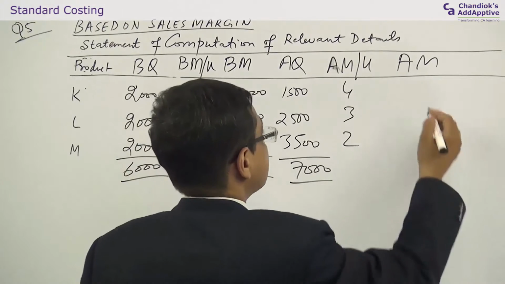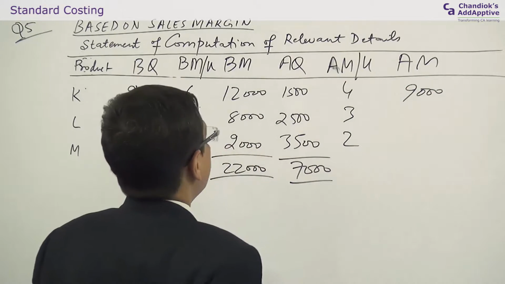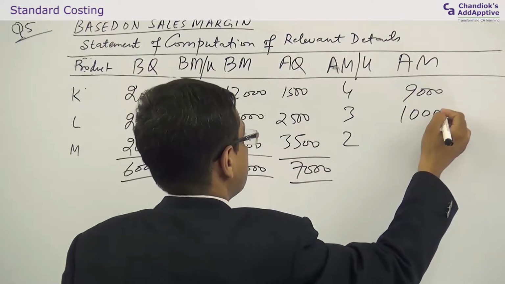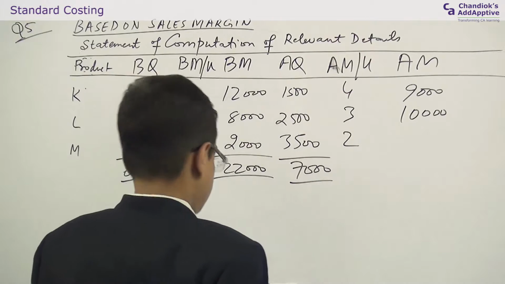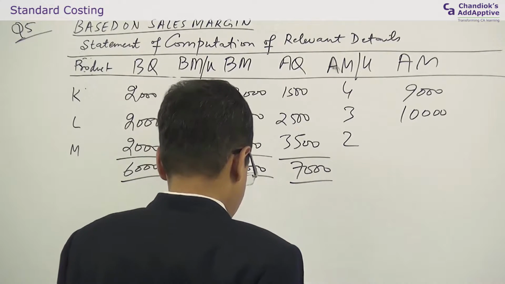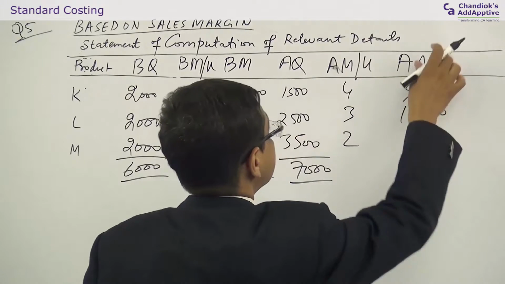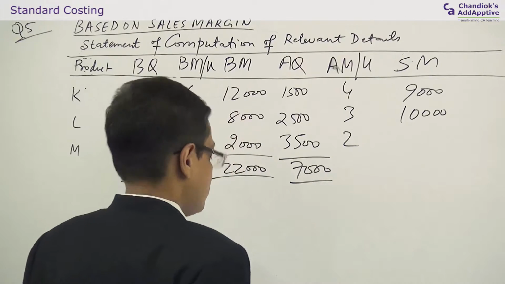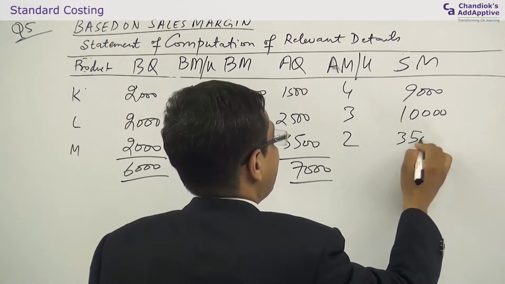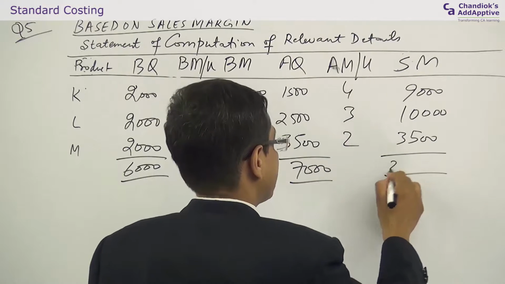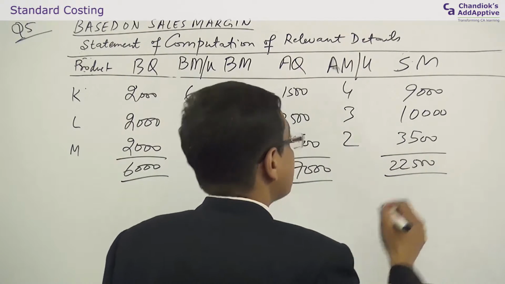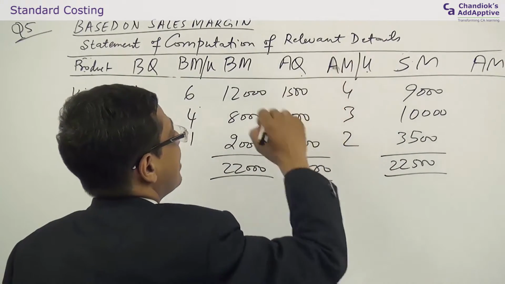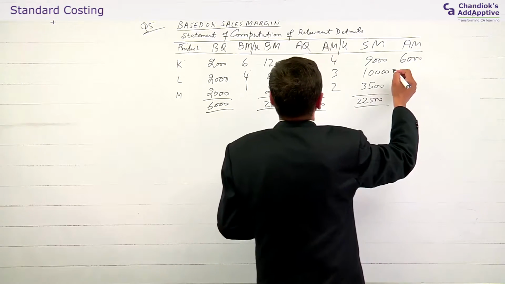So this becomes 9000. Likewise, when you do the calculation, 4 into 2500, it becomes 10,000. So what we are getting here is standard margin. So 9,000, 10,000 and 3,500. So if you add, this becomes 22,500.